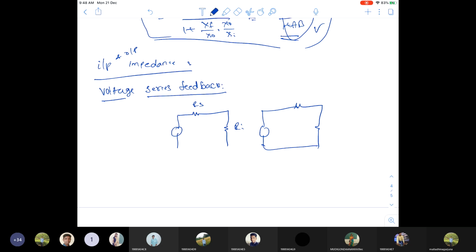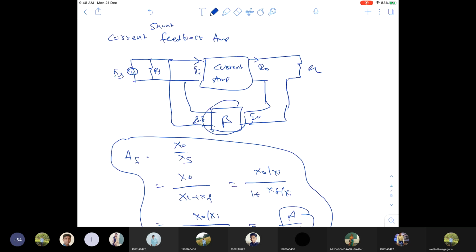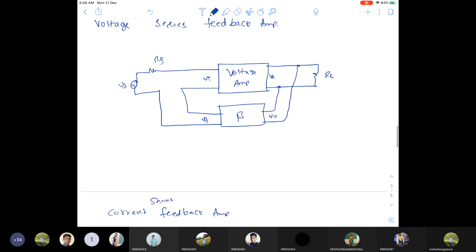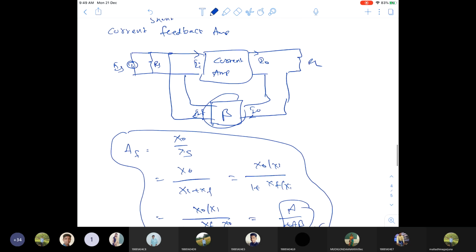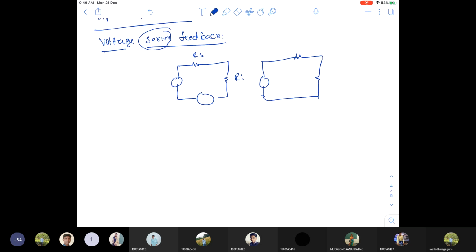Okay, so this is Vs. Now coming to the voltage series feedback amplifier, this is a series connection. Input is series connection, so you have to connect the feedback network in series. So for RS, Vs, the series is connected. Am I right? So now we have to connect one beta value here like this. So this is the internal structure of the voltage series feedback amplifier.